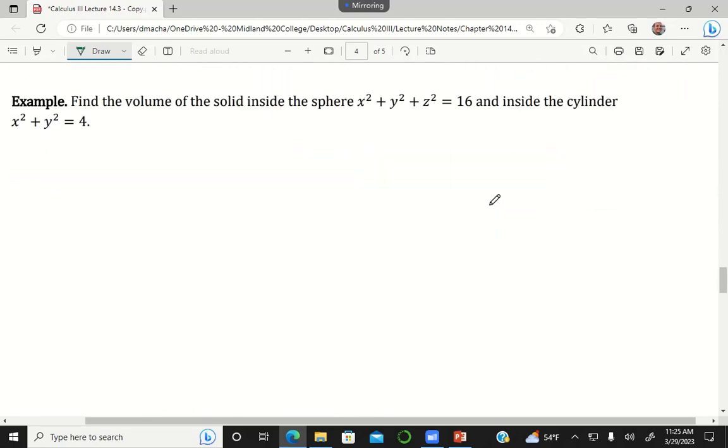So here's an example. What if we want to find the volume of a solid that is entirely inside this sphere and also lies inside this cylinder?